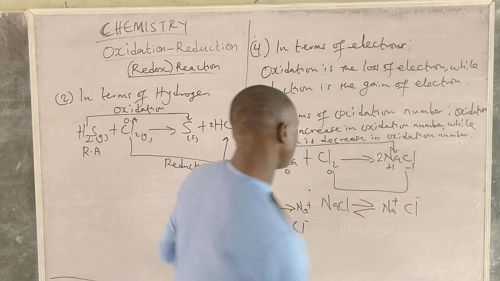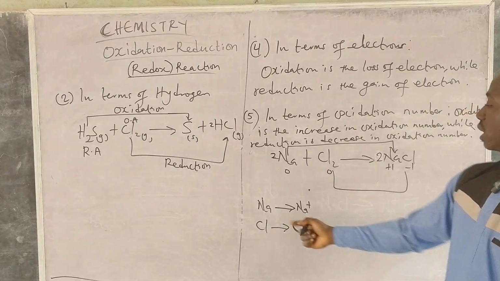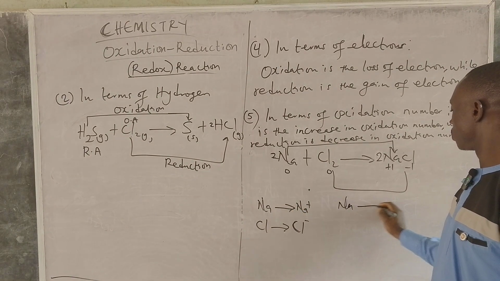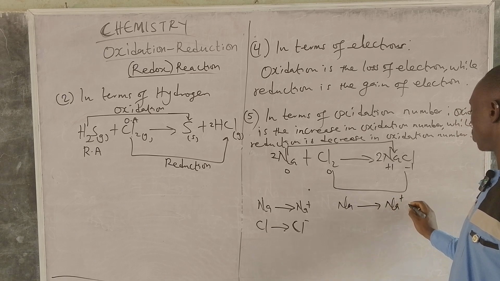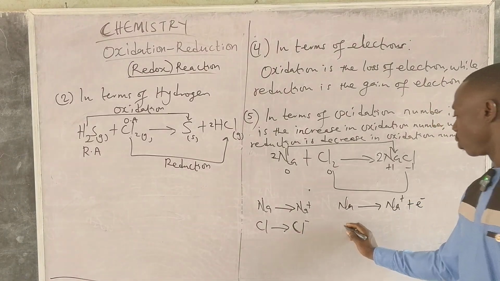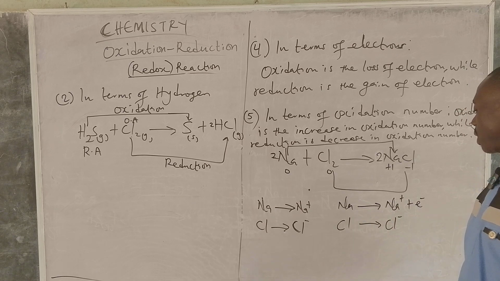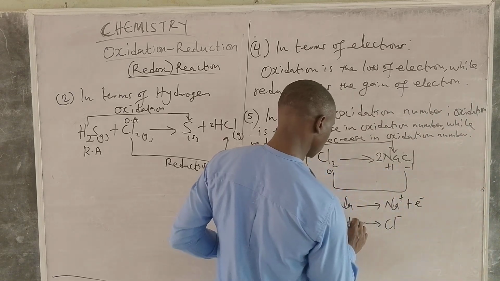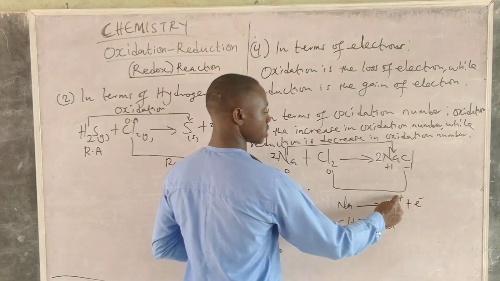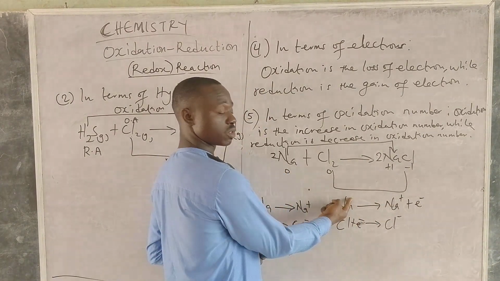All right. So if I'm to break it down again, what can we say actually happened? Now, if I balance this equation, I am going to have sodium to give Na plus, then you balance it, you put plus e minus, all right? While for chlorine, to balance the charges for this Cl minus, I put an electron here, all right? This electron cancels this positive charge, so we have zero charge, just like we have zero charge here.